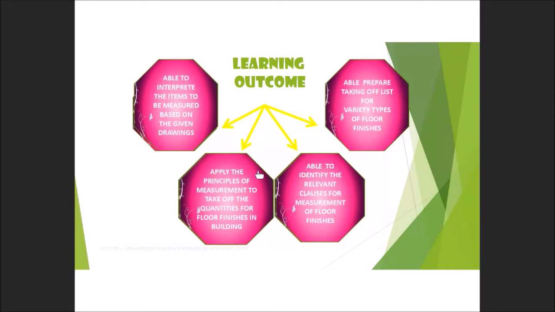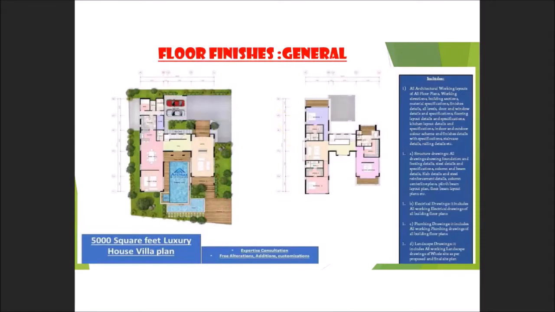Number 2, after you prepare the taking off list, you must be able to prepare the quantities: how to get the length, how to get the width, and identify relevant clauses, because when you prepare the taking off list, you need to identify the clauses. And of course, you must be able to prepare the BQ. So the concepts are similar. Understand the drawing, prepare the taking off list, identify the clauses, understand the measurement principle, then you can start to measure.